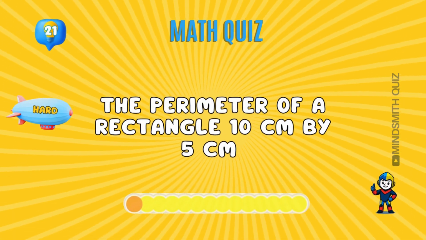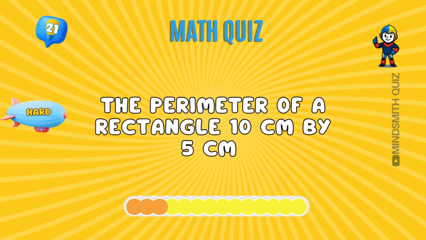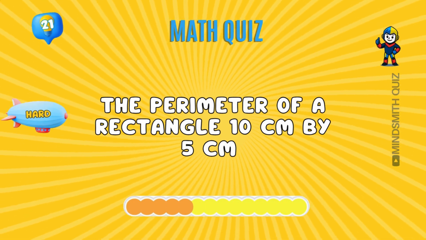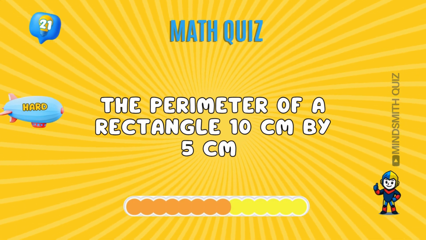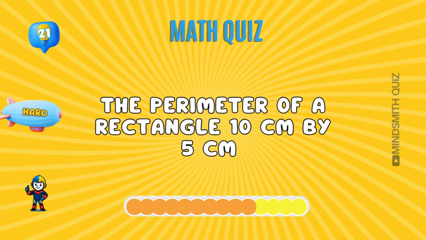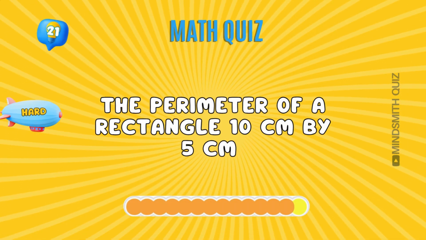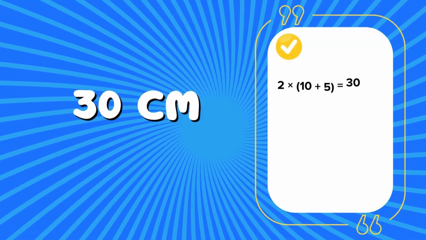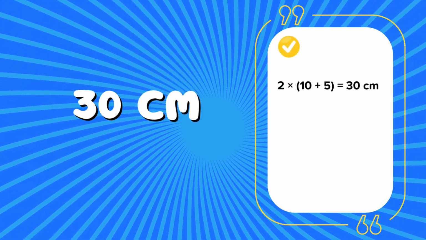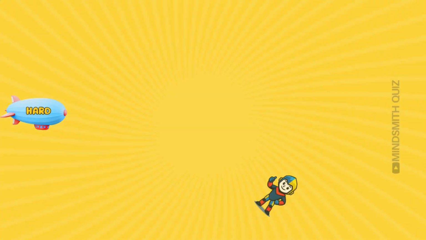Find the perimeter of a rectangle 10 centimeters by 5 centimeters. 30 centimeters. Find x.